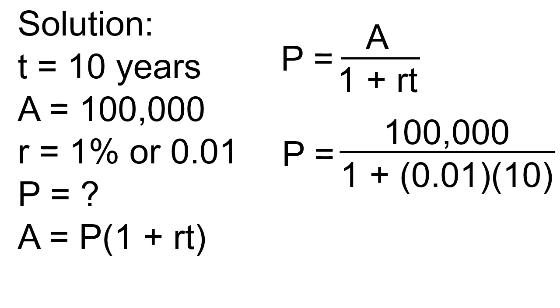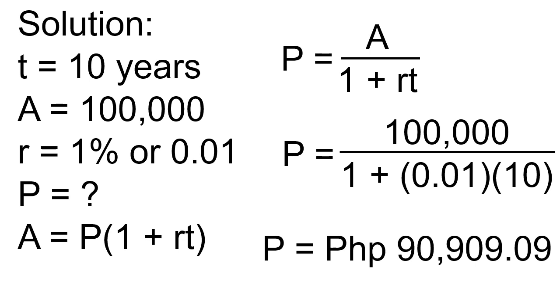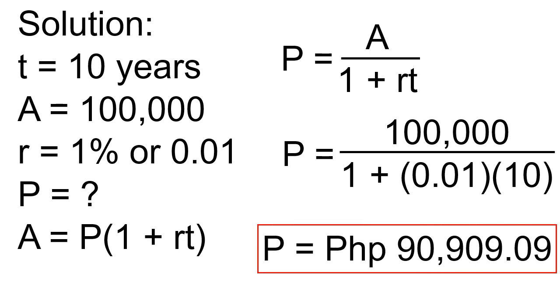And 100,000 divided by 1.1 is 90,909.09. So the principal amount is 90,909.09 pesos. Okay.